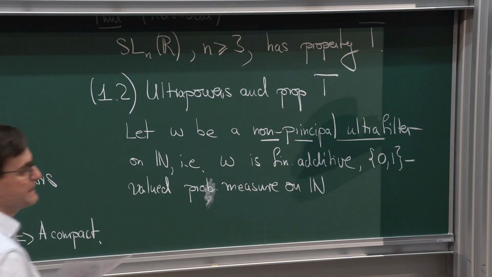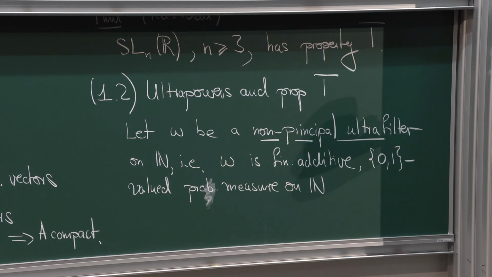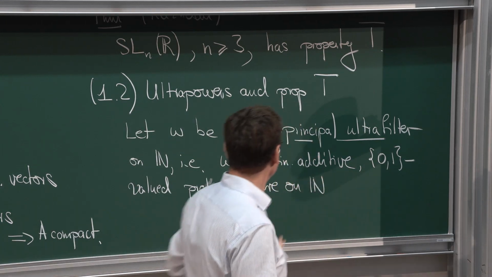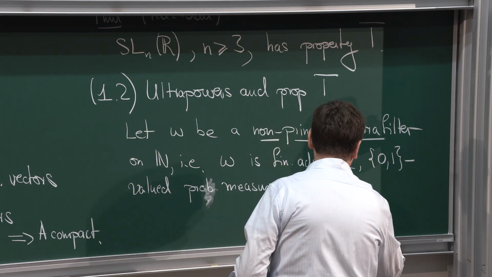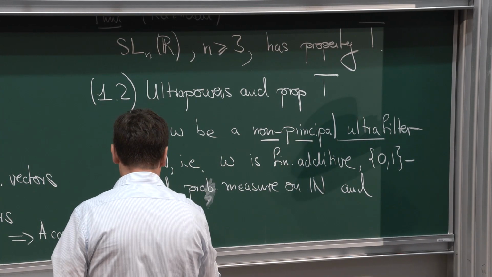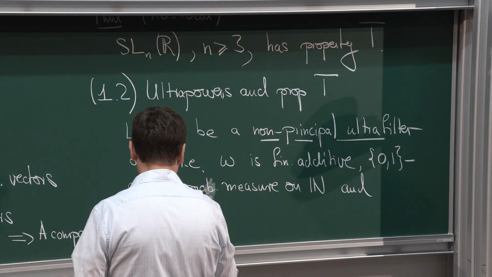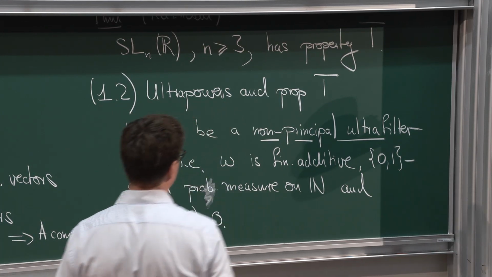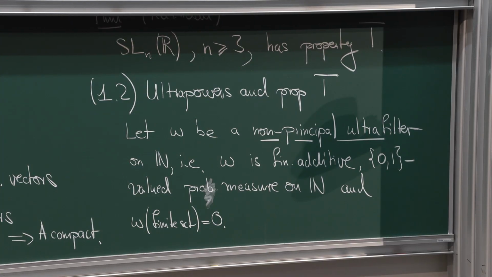And non-principal means that finite sets don't affect the result. So it gives you just these 2 bits of information. It's something 0 or 1. And non-principal means that finite sets have zero measure. Okay.